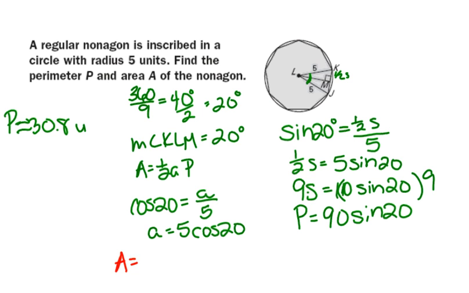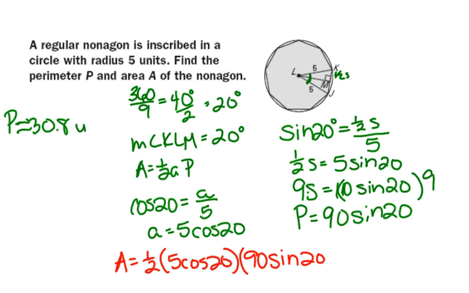So when we plug it into our calculator, we're going to plug in 1/2 times 5 cosine 20 times 90 sine 20 to get the most exact answer that we can possibly get for our area. So let's go ahead and do that.